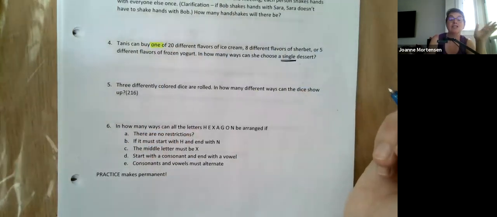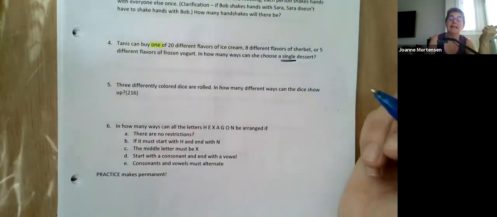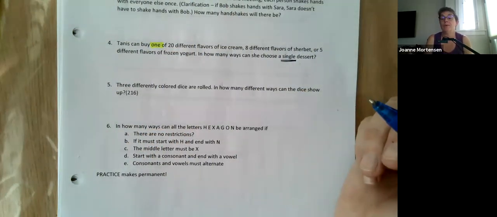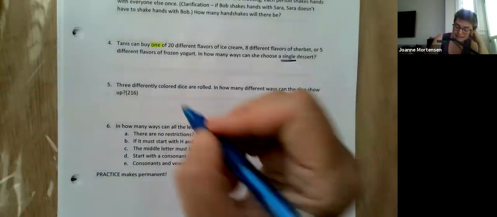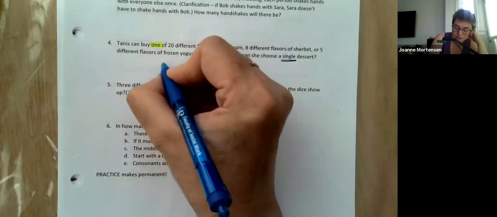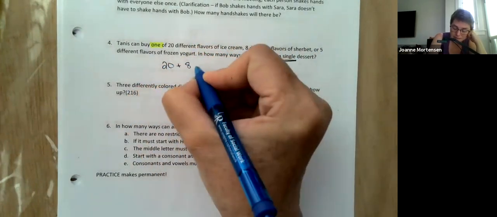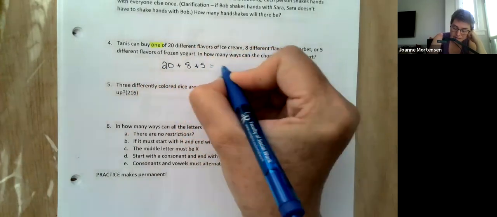It's not, I get to choose an ice cream, and then I get to choose a sherbet, and then I get to buy some froyo. No. It's or. So with or, it's going to be adding. So 20 plus 8 plus 5 is 33.